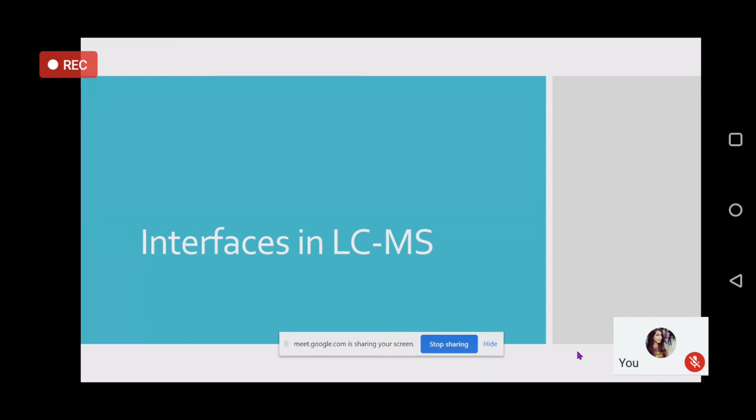Okay, then we will go to the actual interfaces which are used in LCMS systems. You will find that there is evolution, modification, and increase in efficiency over the years with the different types of interfaces which are used.